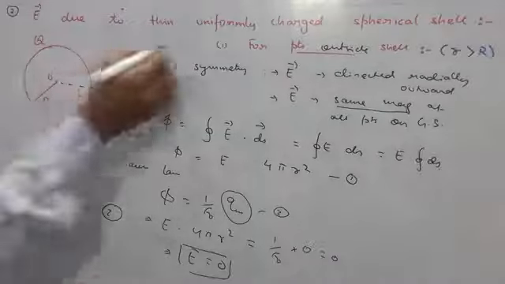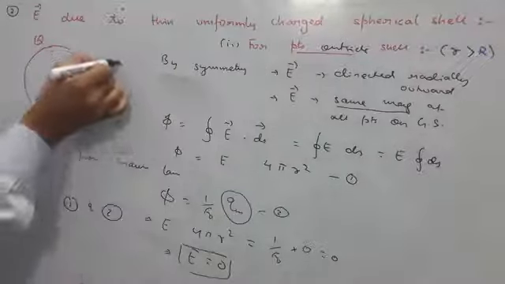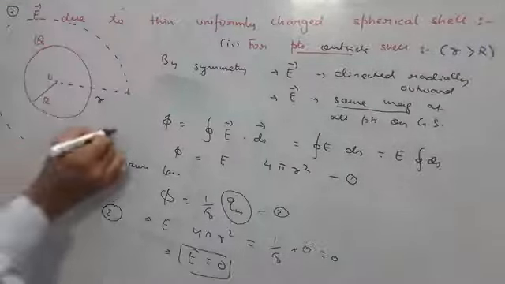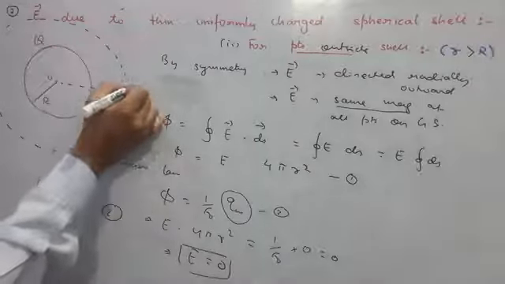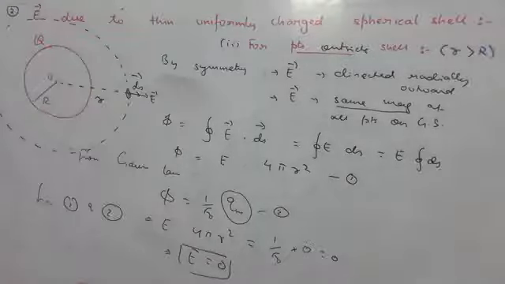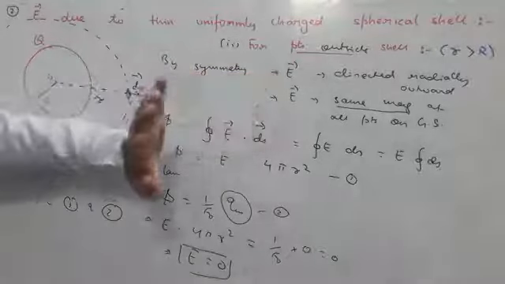Like the previous case, in case 2 also, we will draw a Gaussian surface in the form of a sphere centered at O. Same reasons will be valid here also. This is dS vector, this is E vector, all those explanations will be valid here also, so I need not explain again. By symmetry, we will write these 2 points.